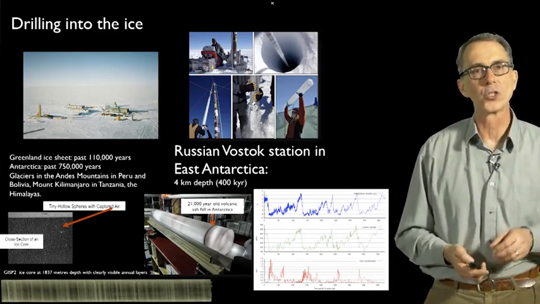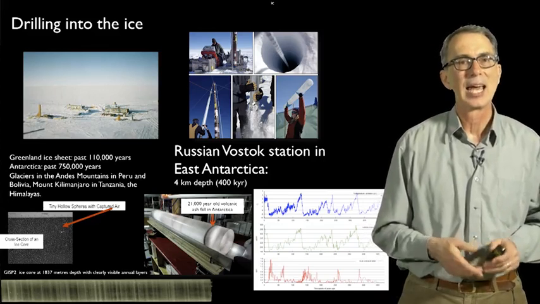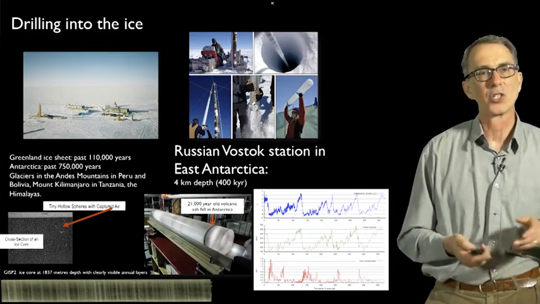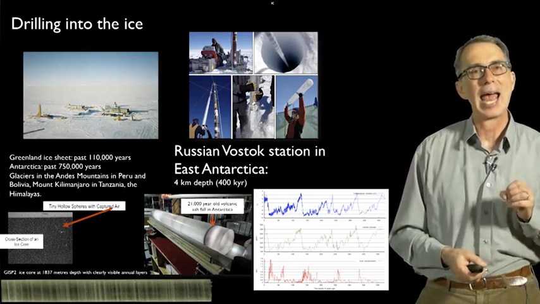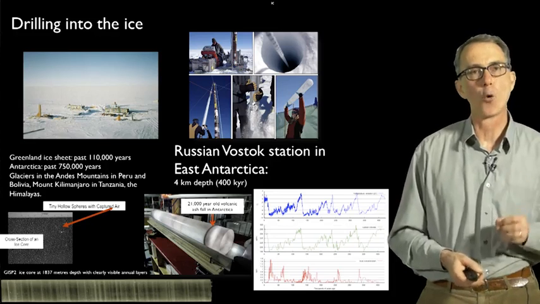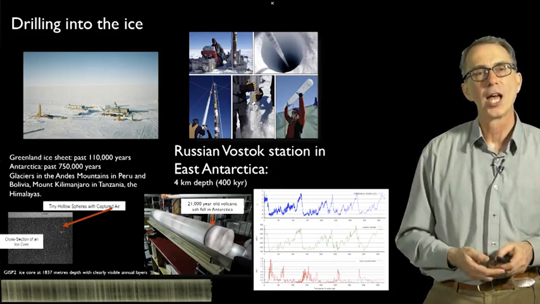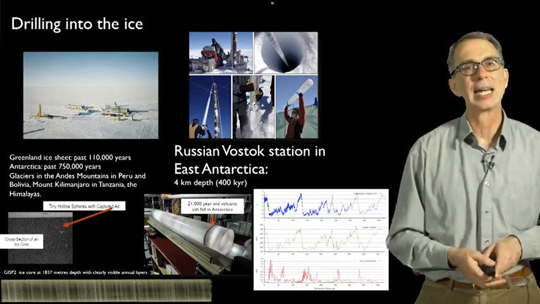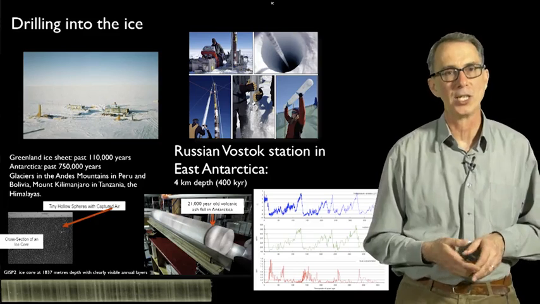We can get ice cores from a range of different locations by drilling deep ice in Greenland, where the deepest ice is more than 1 kilometre deep, and that allows us to get information from over 100,000 years ago, and also from Antarctica, and in the East Antarctic region we can drill ice which is 4 kilometres long, and that allows us to get ice variations that are at least 400,000 years old, and in fact the most recent data provides information that is about 800,000 years old.